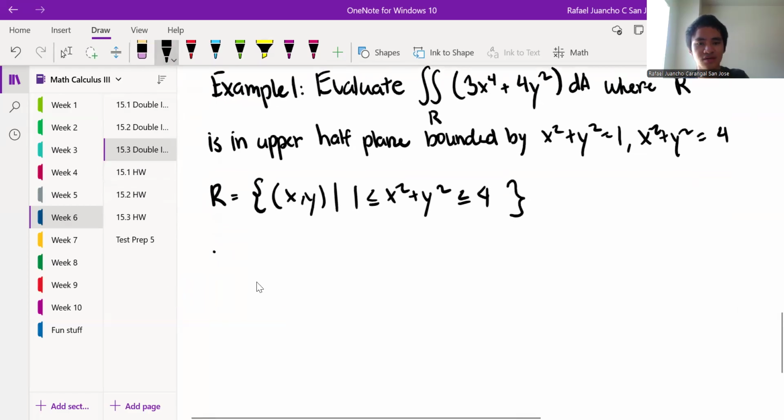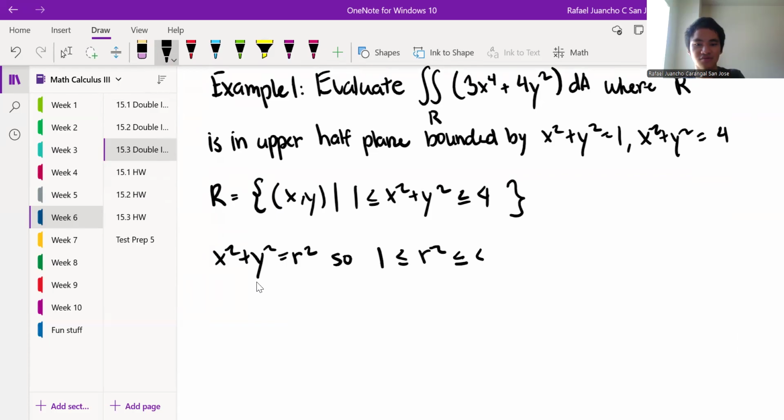Here we have x squared plus y squared equals r squared, right? And so that means 1 is less than r squared is less than 4. And so that means 1 is less than or equal to r less than or equal to 2. That's the first bounds.